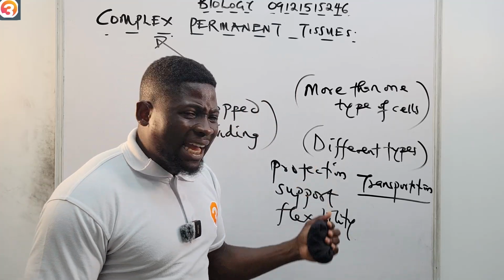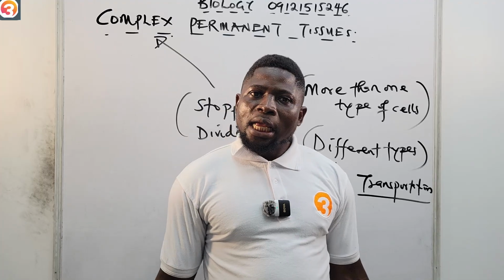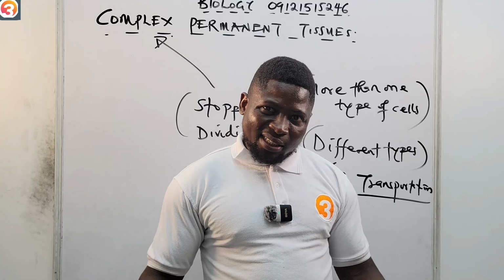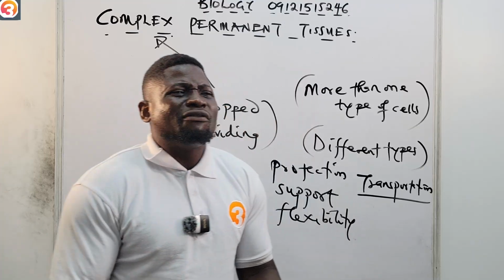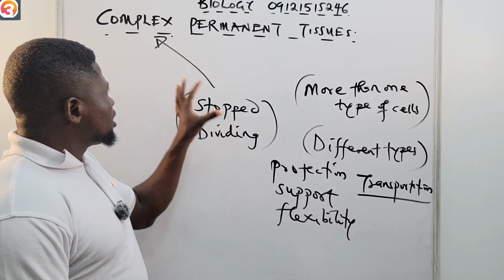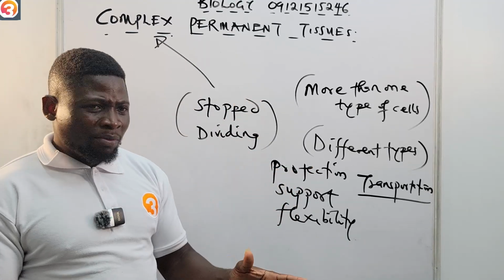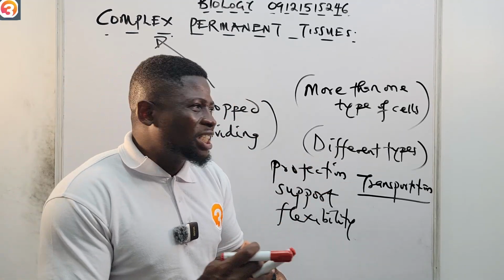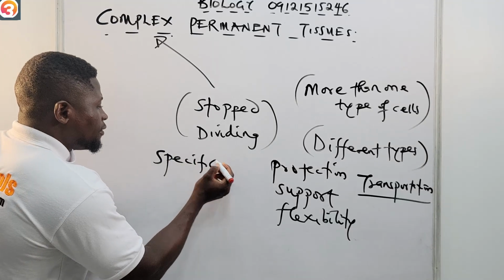But when you grow up and start making your own money, you will not force me to eat what I don't want, because I've already matured. So these complex permanent tissues have matured, they have stopped dividing, and they now choose specialized roles.